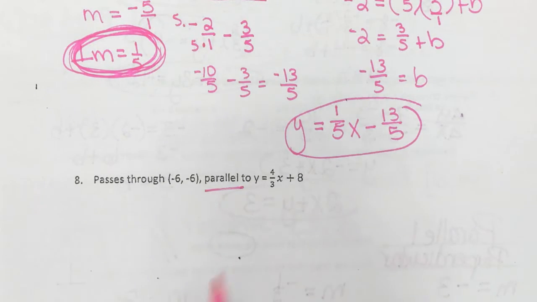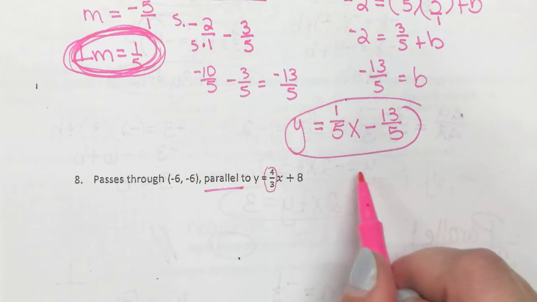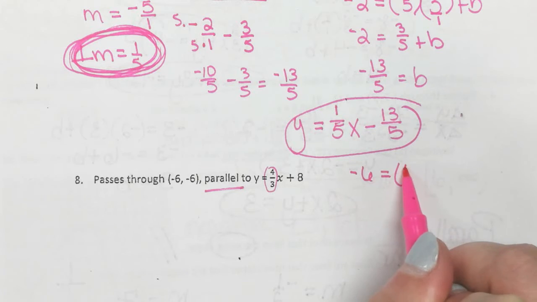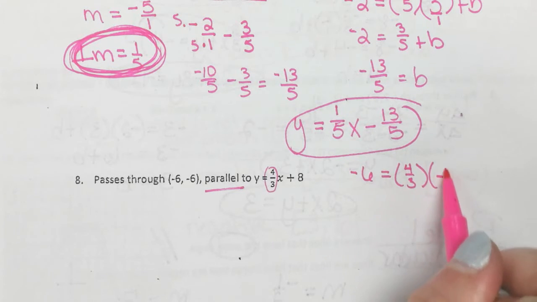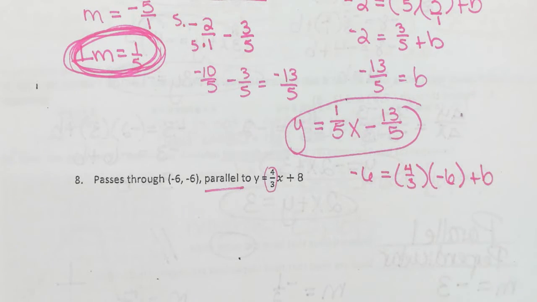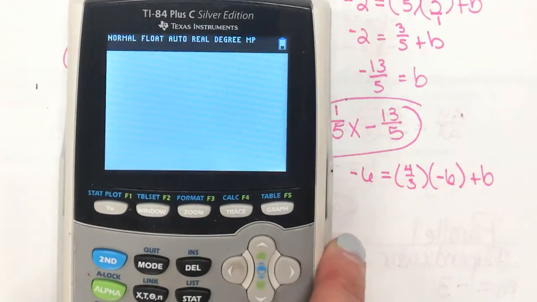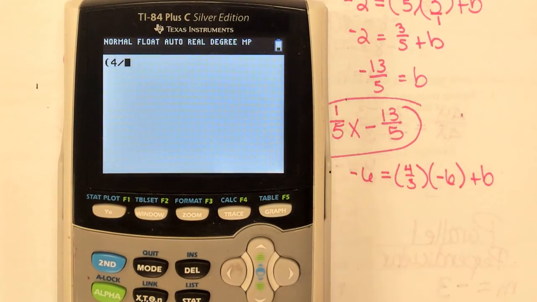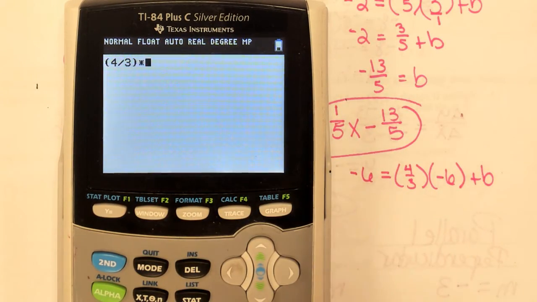Let's go. Alright, this one says parallel. What's parallel mean? The same one. We're not going to do anything different. What's my slope? 4/3. So you're not going to do anything different because it says parallel. So we've got -6 equals 4/3 times -6 plus b. Then, when you multiply, you get to use your handy dandy calculator. 4 divided by 3 times -6.